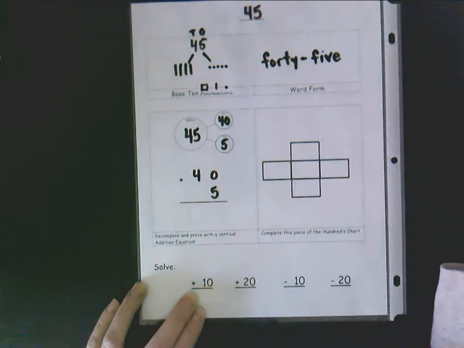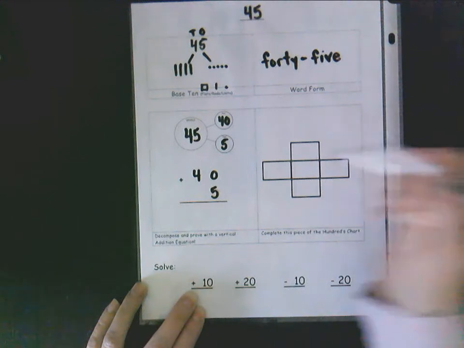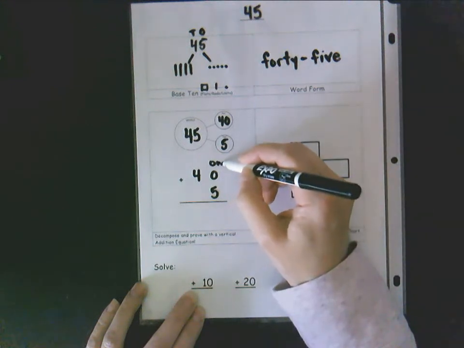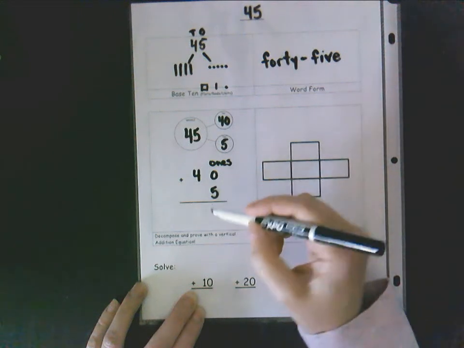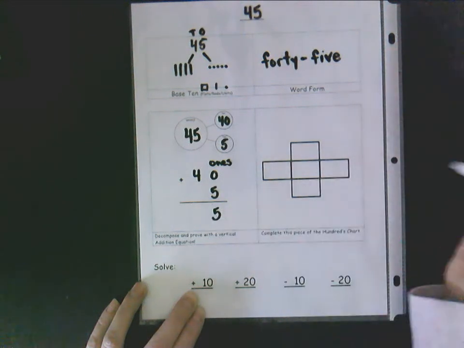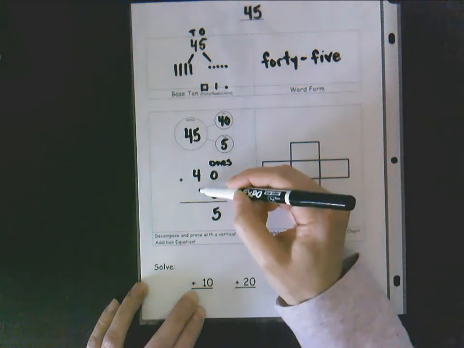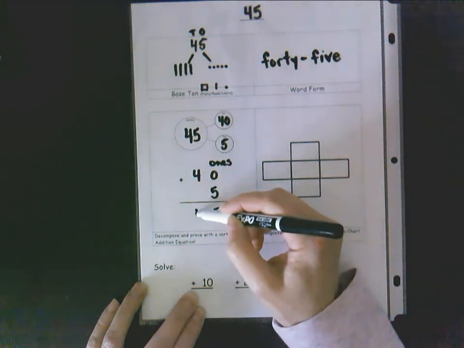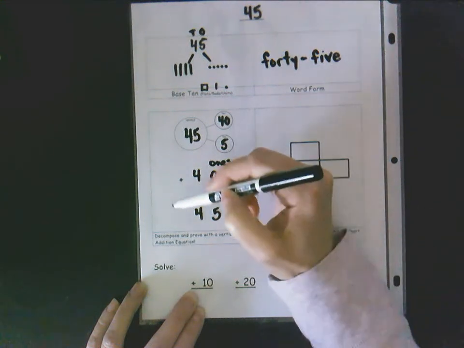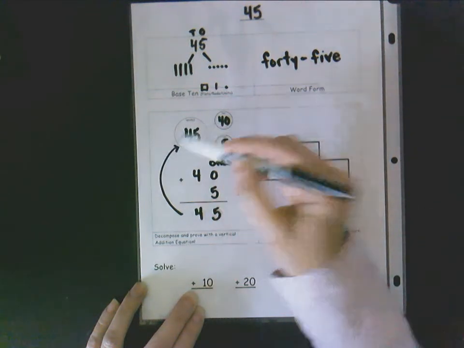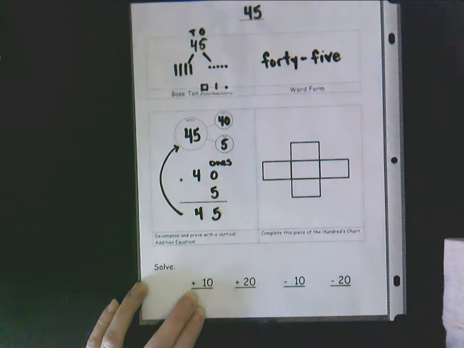In any vertical equation, remember we always add the ones place first. Always. 0 ones plus 5 ones gives us 5 ones. 4 tens plus 0 tens here give us 4 tens. So I know my part and my part equaled my whole. Therefore, my decomposition was correct.